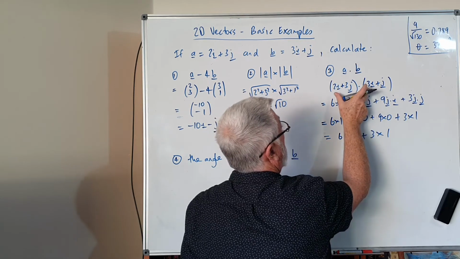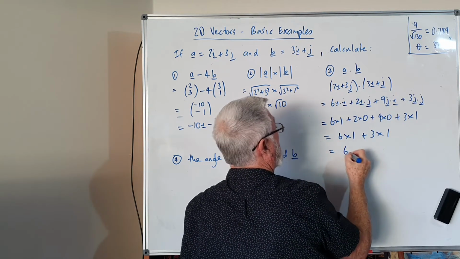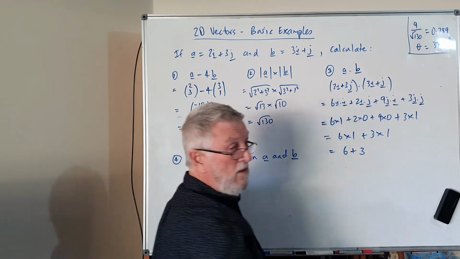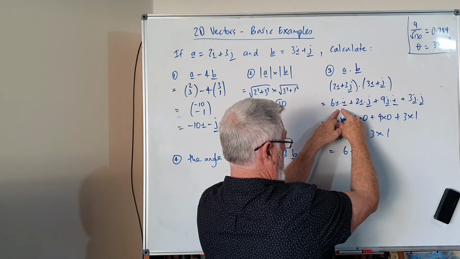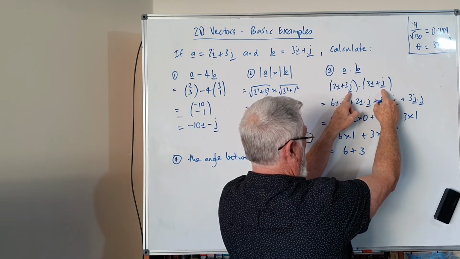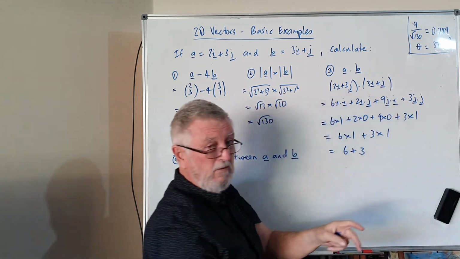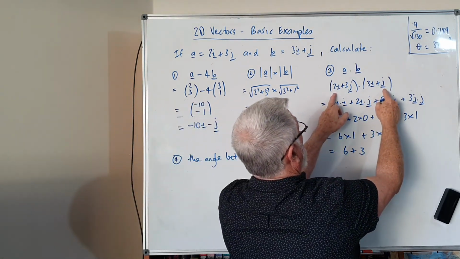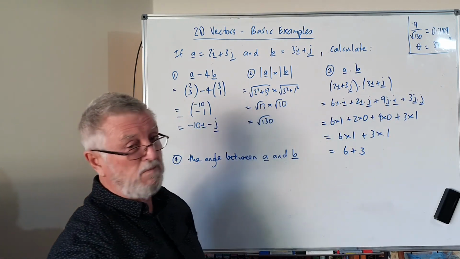So all we're looking at is the i's multiplying, which will be 6 lots of 1, and the j's multiplying, which will be 3 lots of 1. But the other two combinations become 0. So it just becomes 6 plus 3.